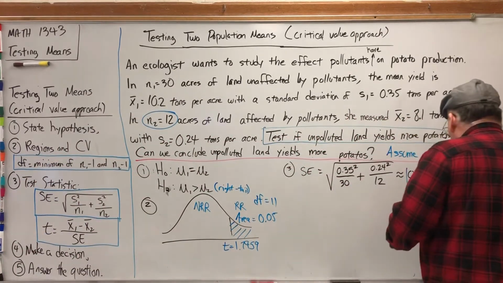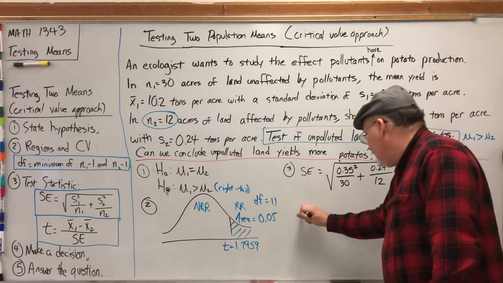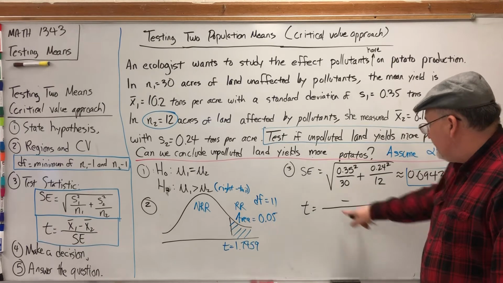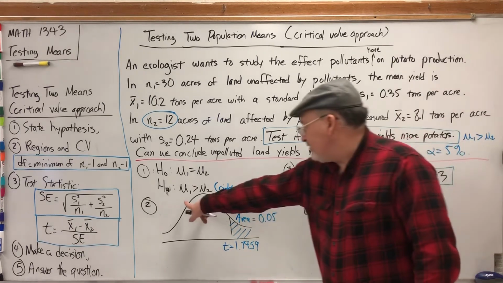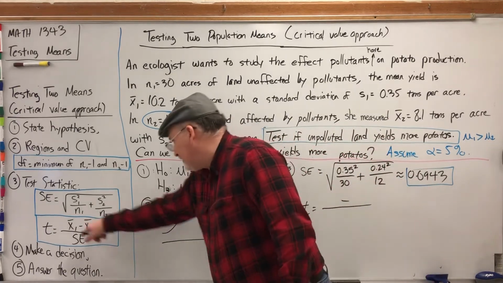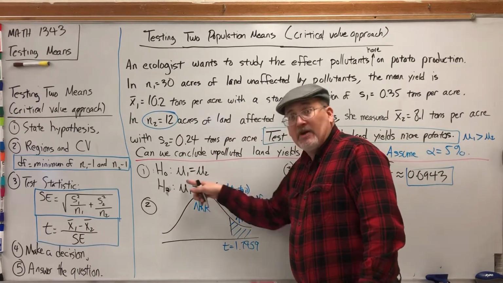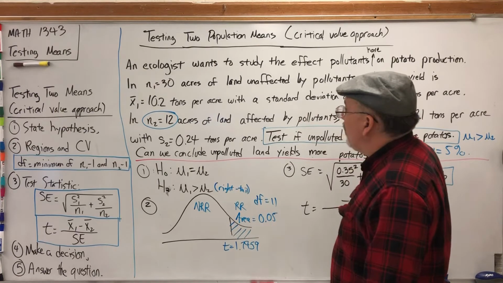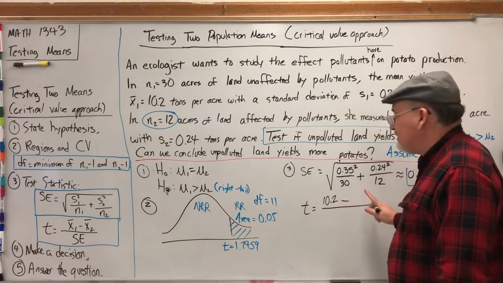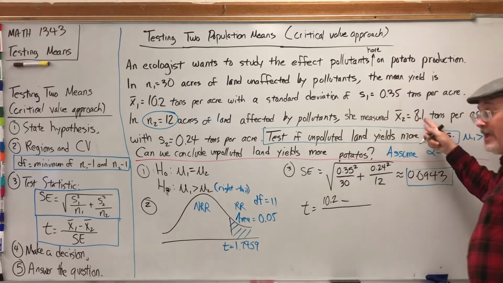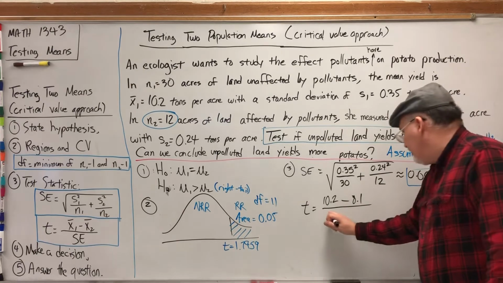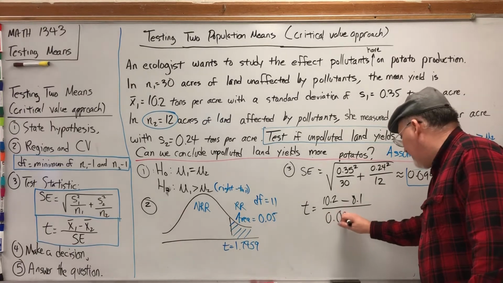And for our test statistic, it will be the difference in our sample means, but it has to be in the same order as here. That's important. The difference in the sample means has to be the same as the order we compare the means here. So x bar 1, 10.2, minus x bar 2, 8.1, divided by our standard error, 0.0943.